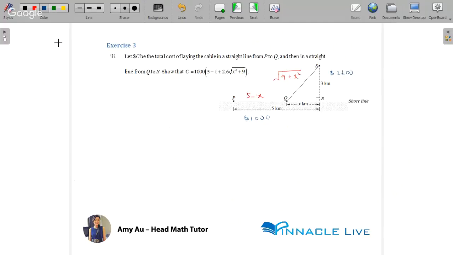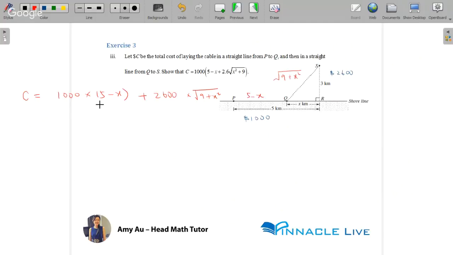All right, so let's build that. The cost will be the cost of cabling from P to Q, which is $1,000 times the length of cable required, so 1,000 times 5 minus X. And then from Q to S, plus 2,600 times root of 9 plus X squared.